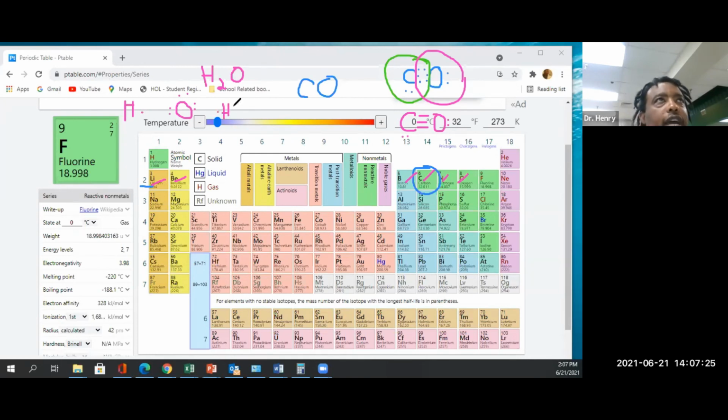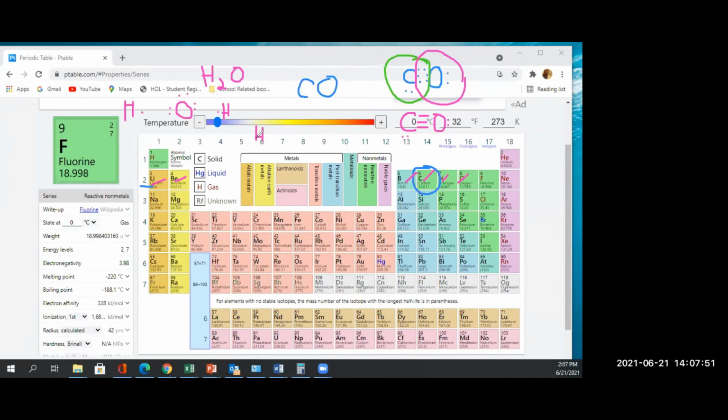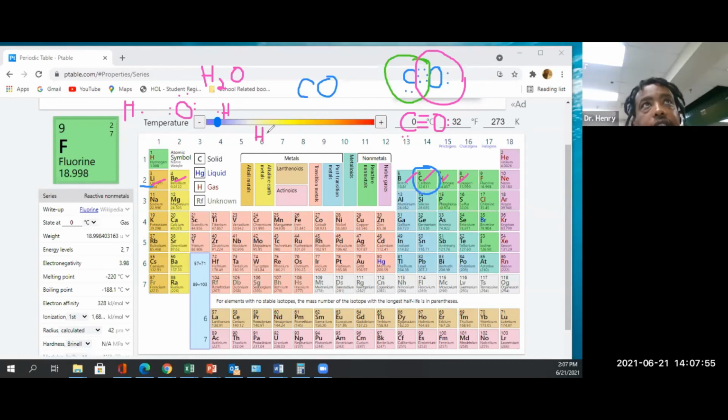Okay, so can you guys rearrange these dots so that everybody has either, in the case of hydrogen, 2 around it, and in the case of oxygen, 8 around it? Each hydrogen has to share an electron, okay?